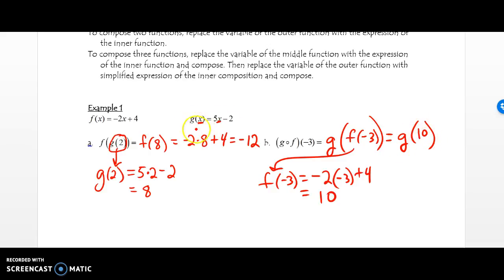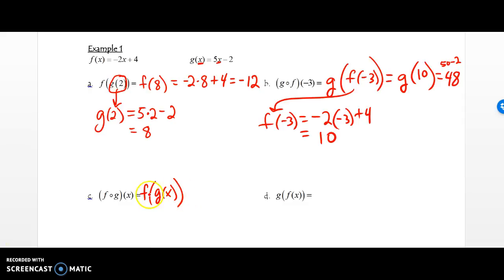So now we're looking at function g of x, which says that we take 5 times, in this case we're using 10 for x, so 5 times 10, 50, minus 2. So 50 minus 2, our answer is going to be 48.